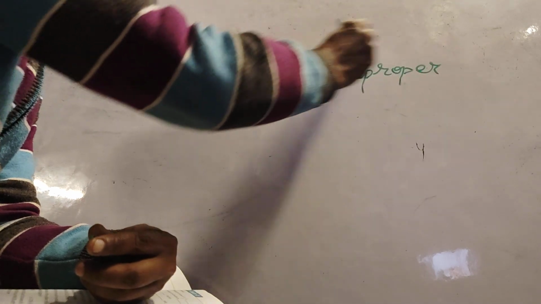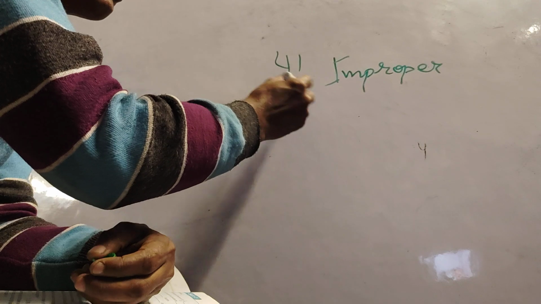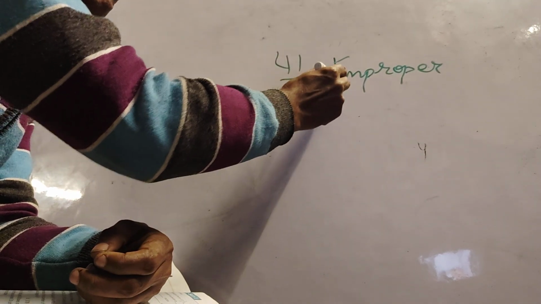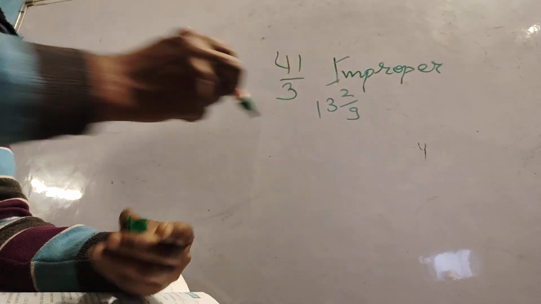So we convert it into a mixed fraction by dividing. We divide: 13 times 3 is 39, remainder 2. So this is the proper form.